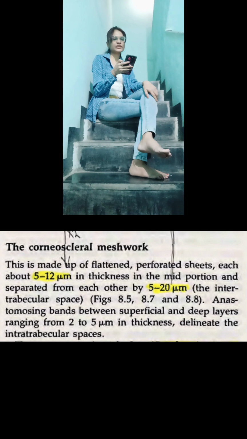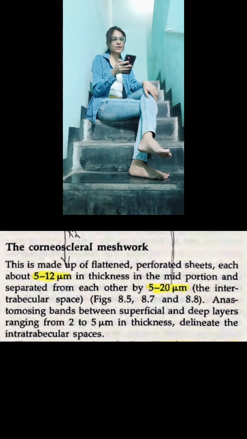The corneoscleral meshwork. This is made up of flattened, perforated sheets, each about 5 to 12 micrometer in thickness in the mid portion and separated from each other by 5 to 20 micrometer, the intertrabecular space.